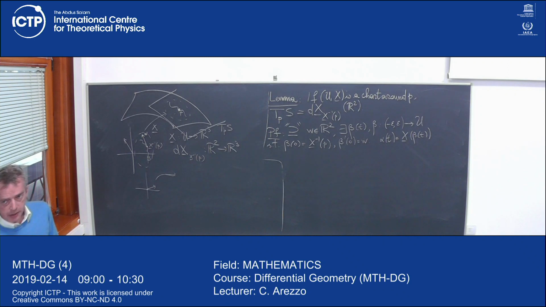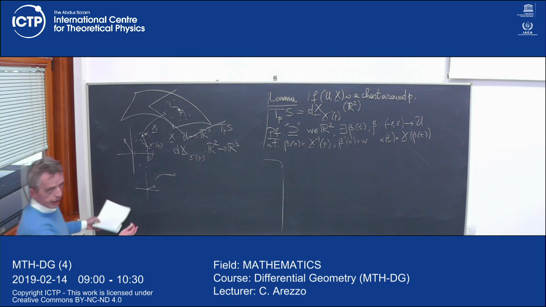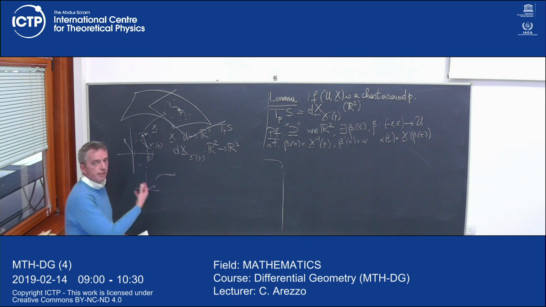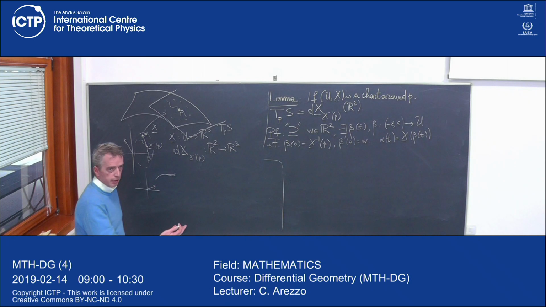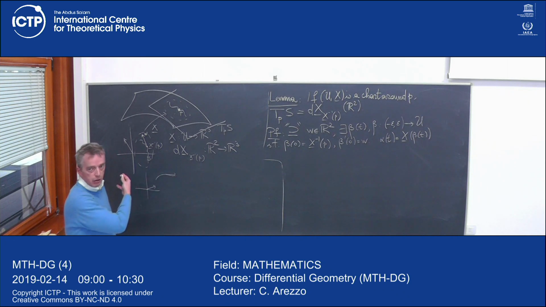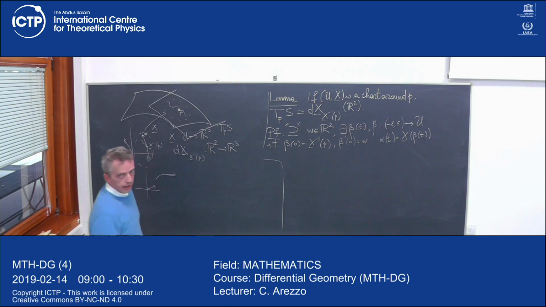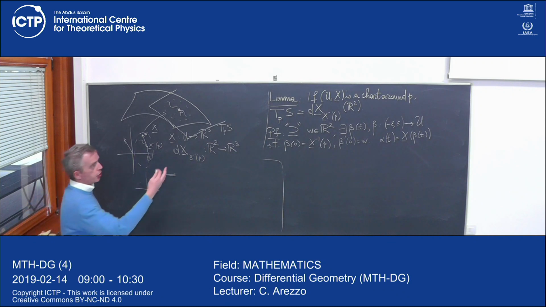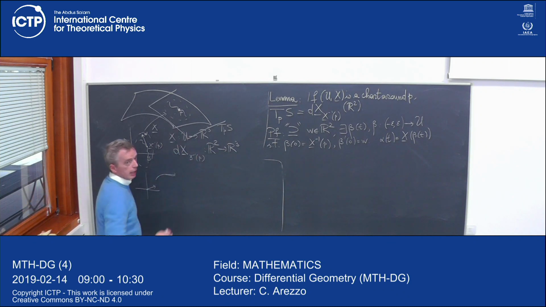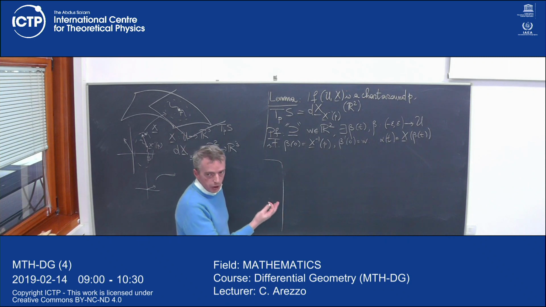Why am I doing it? Remember the definition of a tangent vector, I just had to erase it. If I want to prove that something is a tangent vector, I need to produce a curve on the surface with the given velocity. So that's my candidate. Now I'm sure that I have a curve on a surface. Let's see if it satisfies the properties it has to have.